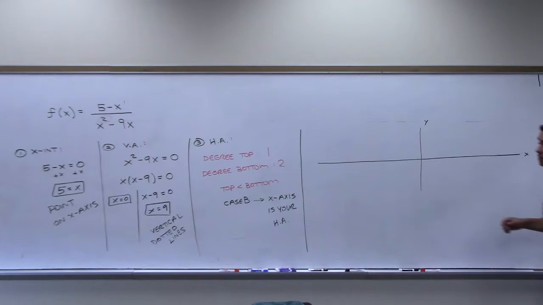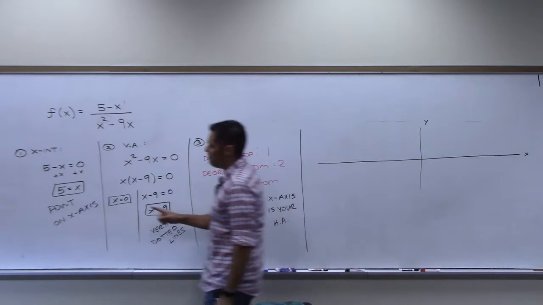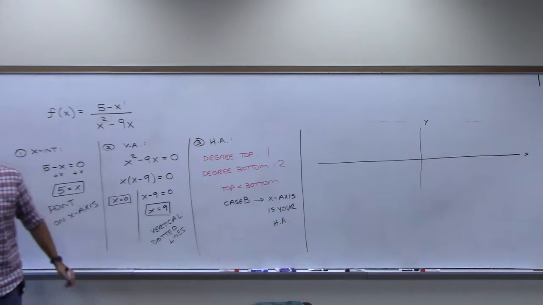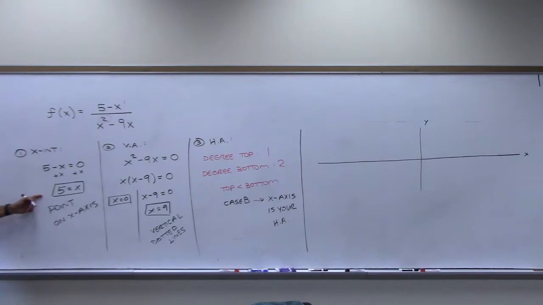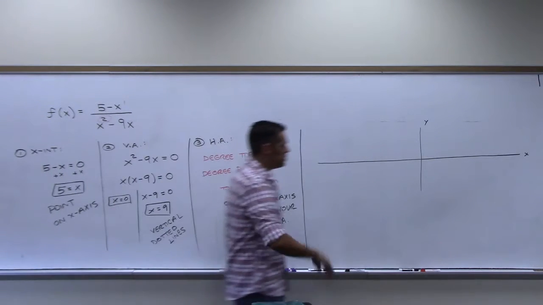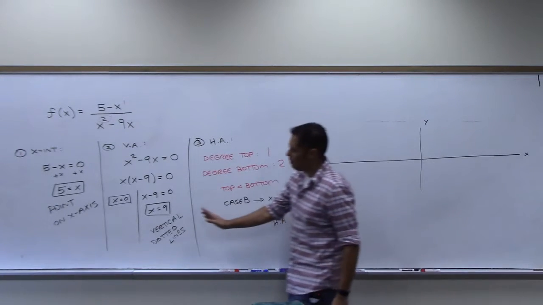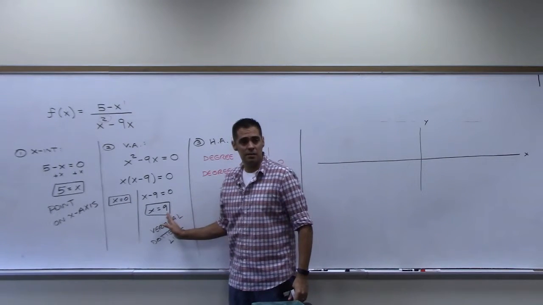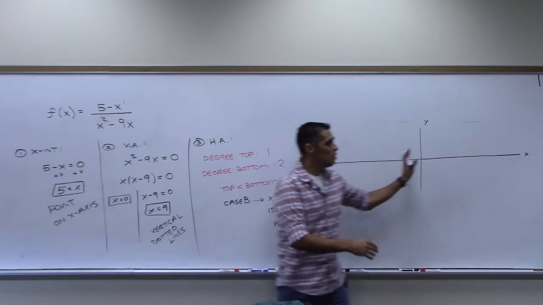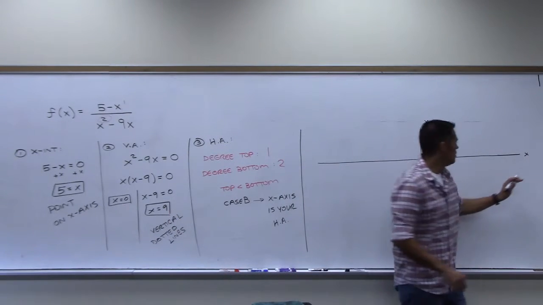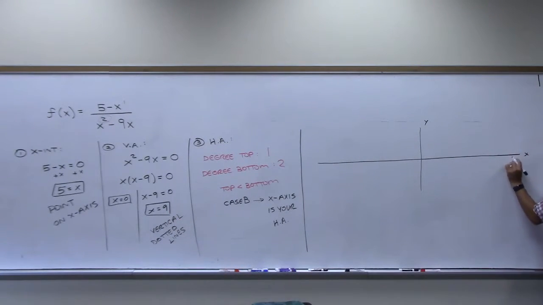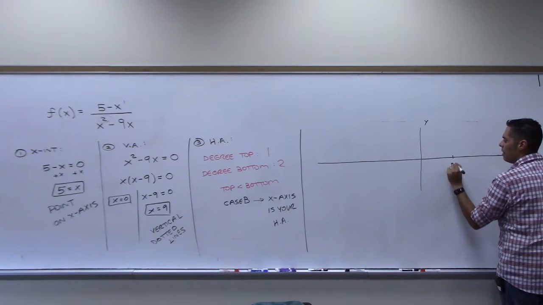Starting out with the first piece of information, I have an x-intercept at 5, right? That is a point that goes on my x-axis. So I walk out 5 units. I'm also keeping in mind that I have vertical asymptotes at 0 and 9, so I'm going to need to go out as far as 9. Don't make this 5, because then you're going to have to draw more. So I'm going to put 5 about right here. Put a dot.